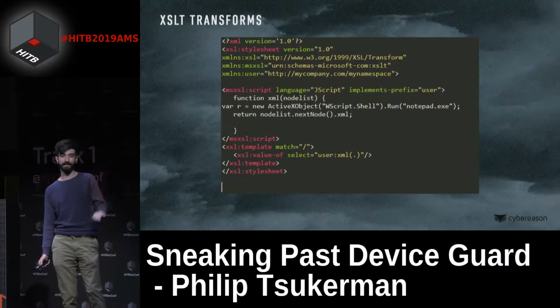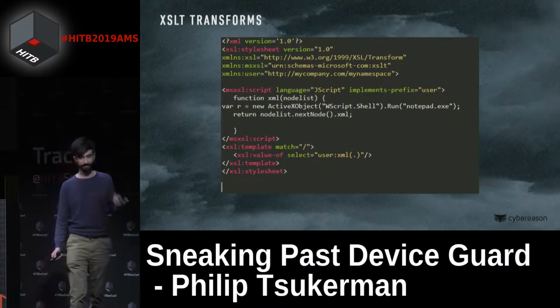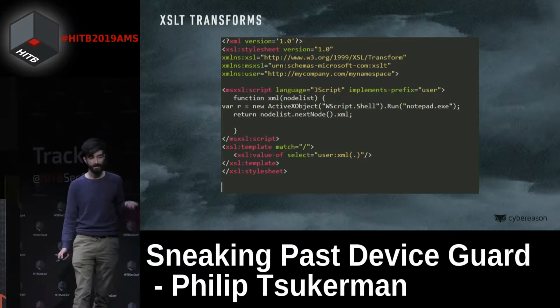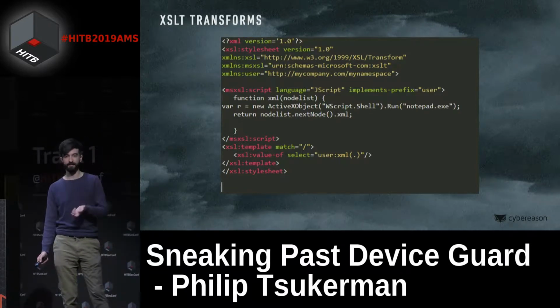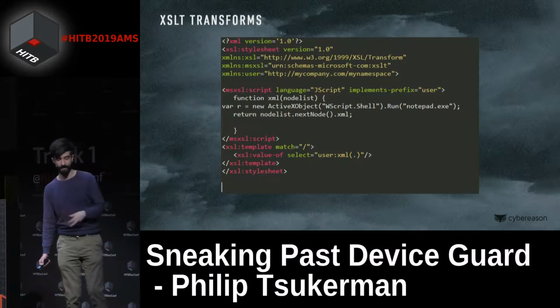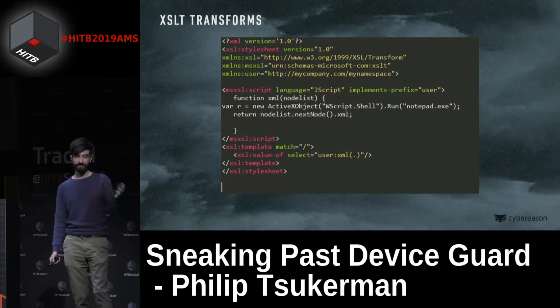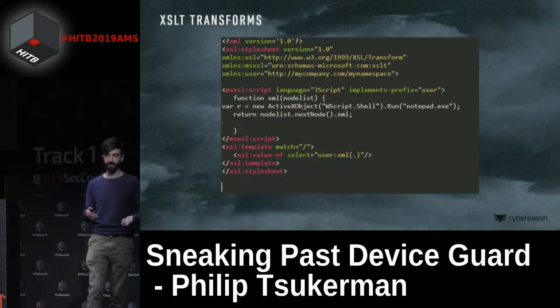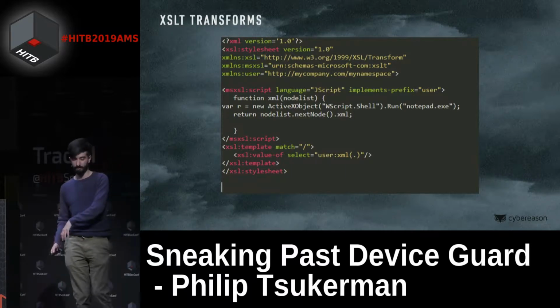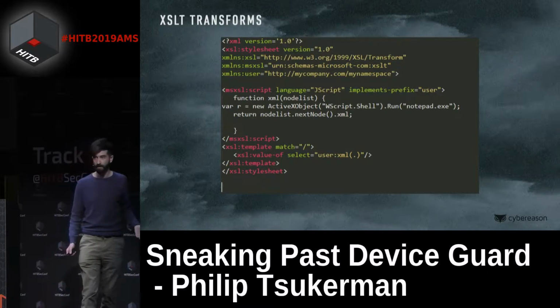Another unenlightened scripting host, which does not implement Device Guard, is the MSXML libraries that implement XSL transforms. Now, XSL transforms are basically a type of file that allows you to programmatically manipulate XML files. And of course, it implements its own fully capable scripting engine, which is, again, not instrumented by Device Guard.